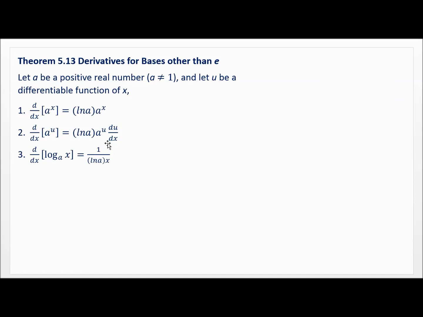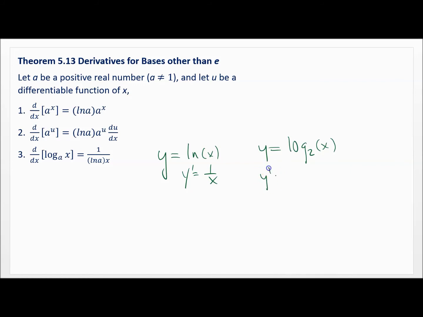Number 3. Now, the derivative of a logarithm. Remember, the derivative of y is equal to natural log of x. Remember that? That's just, I almost put equals. That's not right. y prime is equal to 1 over x. Now, for a different base, like y is equal to log base 2 of x, it's the same thing.